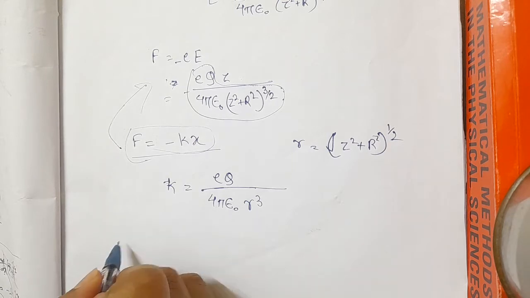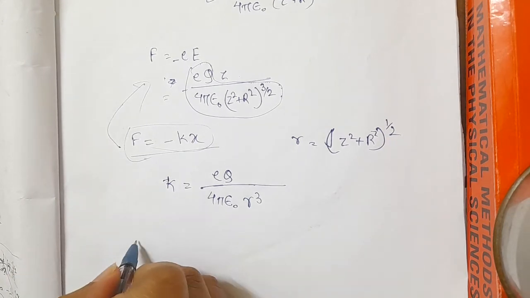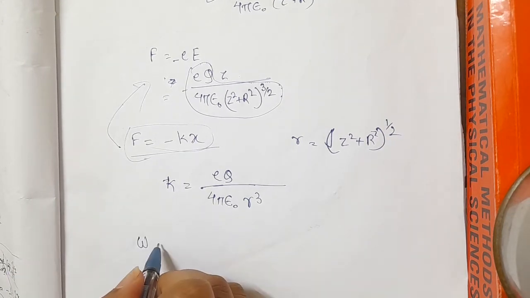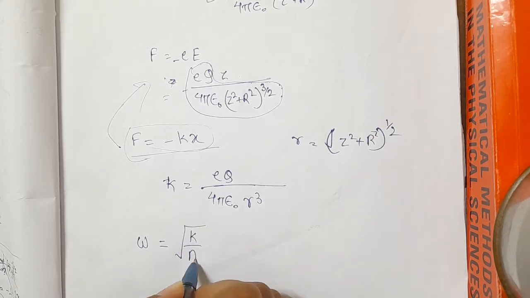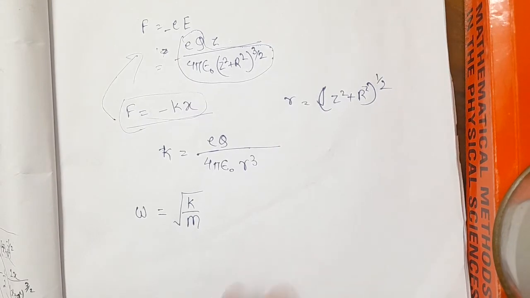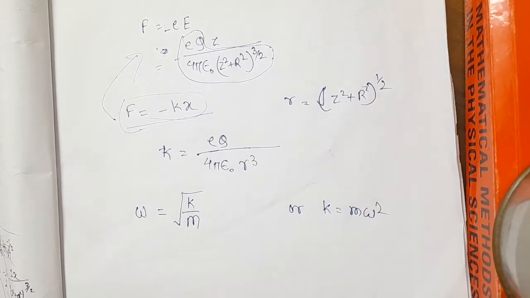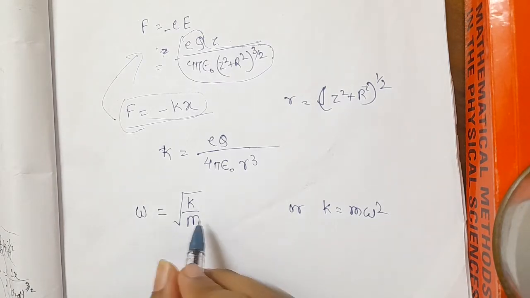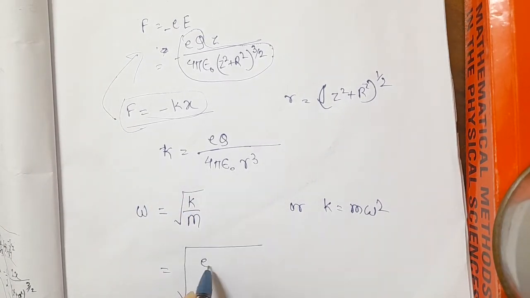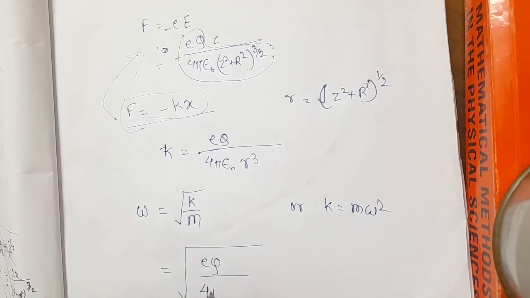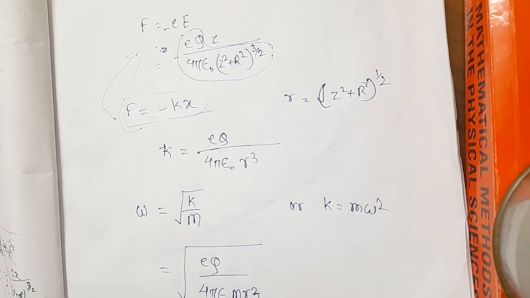Now there is a formula, omega, or the angular frequency, is equal to root over k by m, or k equals to m omega square. So using this, omega is root of eQ by 4 pi epsilon naught m R cube, not square. So this is the value of angular frequency.